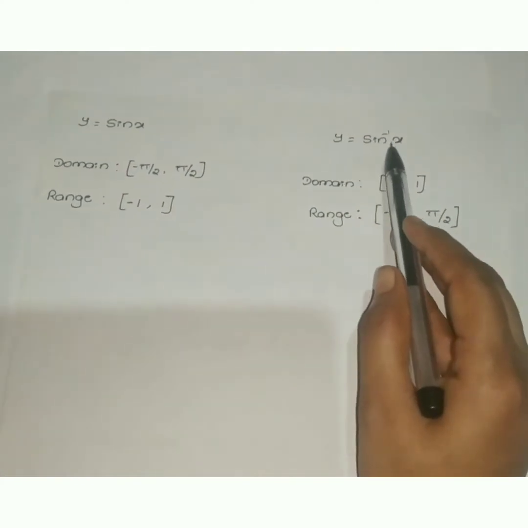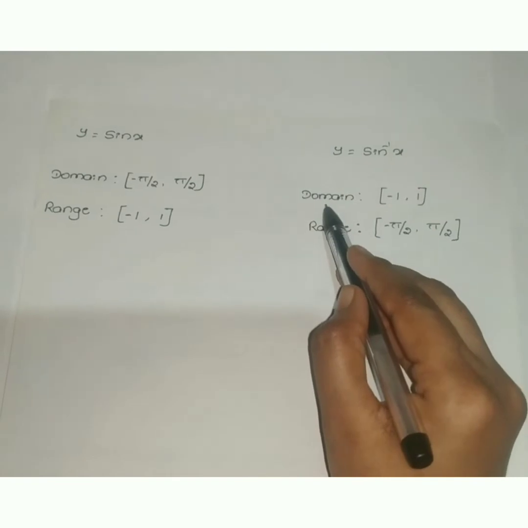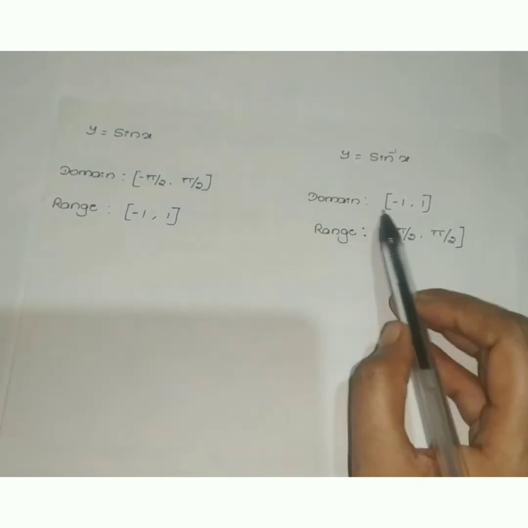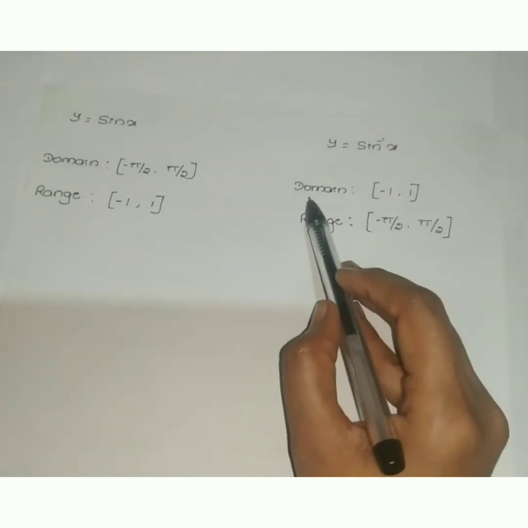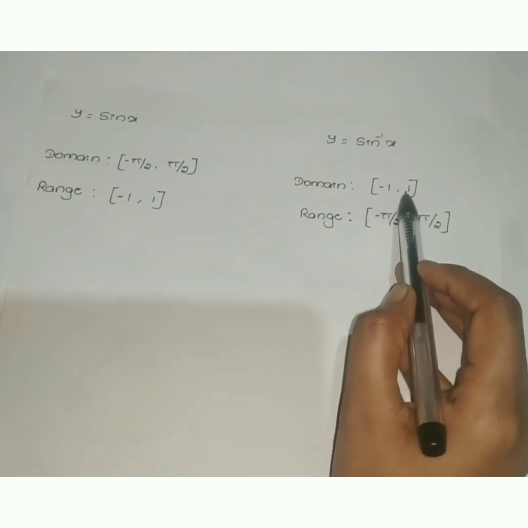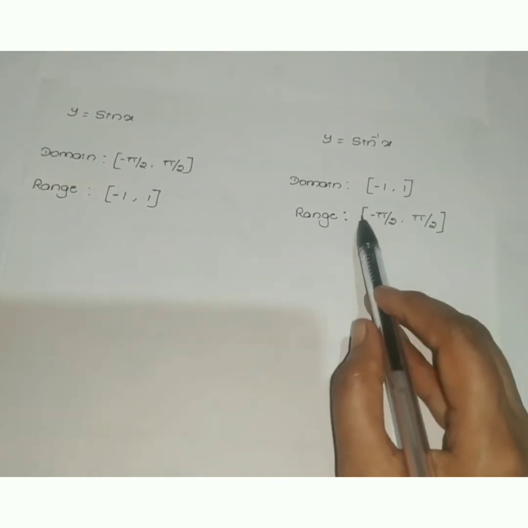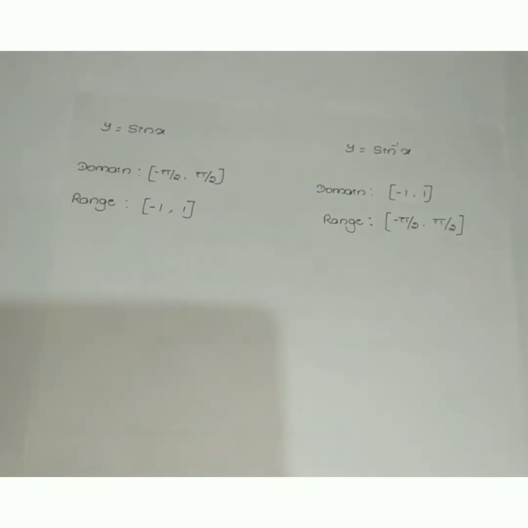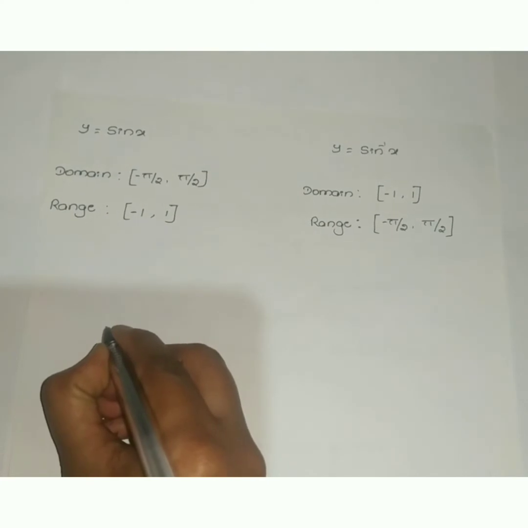And in y equal to sin inverse x, we change the domain and range value of the trigonometric function. Domain is closed interval minus 1 to 1 and the range value is a closed interval minus pi by 2 to pi by 2.